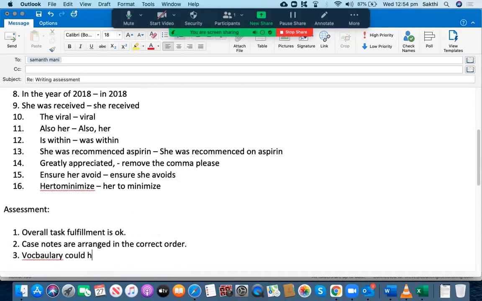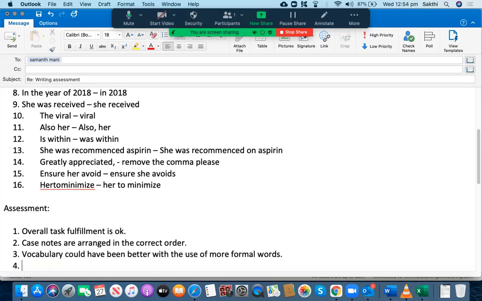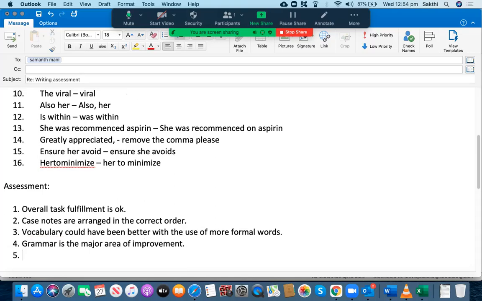Vocabulary could have been better with the use of more formal words, because she used some informal words which could have been avoided. And then grammar is the major area of improvement because she has committed several grammatical mistakes. So she needs to improve her grammar. Connectivity is all right. It's not that bad.